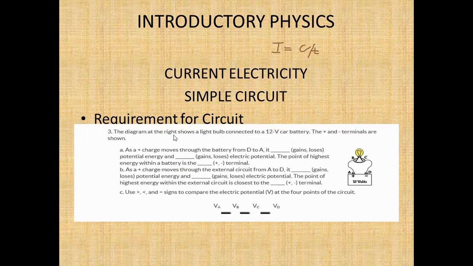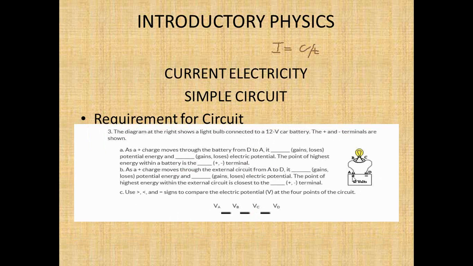Let's look at the diagram. The diagram at the right shows a light bulb connected to a 12 volt car battery. The positive and the negative terminals are shown. As a positive charge moves through the battery from D to A. So remember, all the battery is going to do is move the positive charge from D, the low potential terminal, to the high potential terminal.